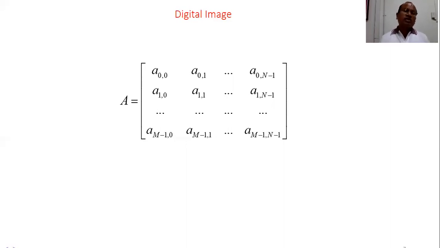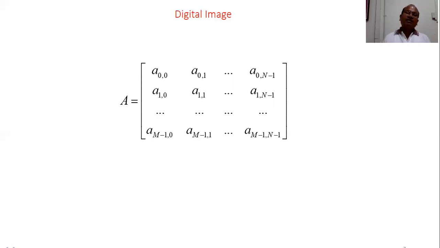Because the computer does not understand an analog image, it understands this matrix as a variable. The computer only understands the values inside the matrix. Whenever we want to perform any operation over an image, any manipulation, such as addition, subtraction, multiplication, or any modification, it operates over these values.